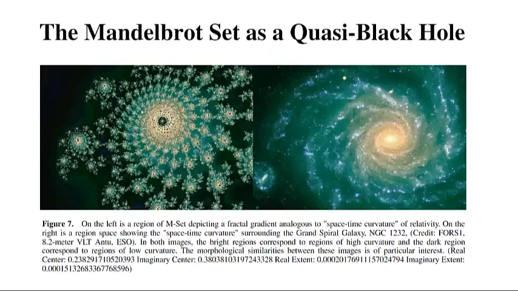Now, the fractal nature of the universe: I believe the universe is a fractal, and in fact the universe does look a lot like a fractal. This is a figure from my paper. On the left we have a region of the Mandelbrot set, which I describe in figure 7, and on the right is a galaxy where the geometry of the galaxy is very reminiscent of the geometry you see here.